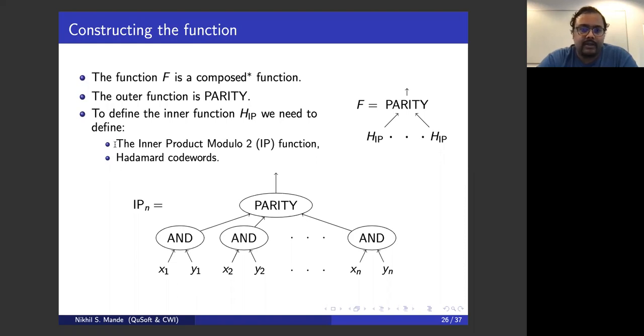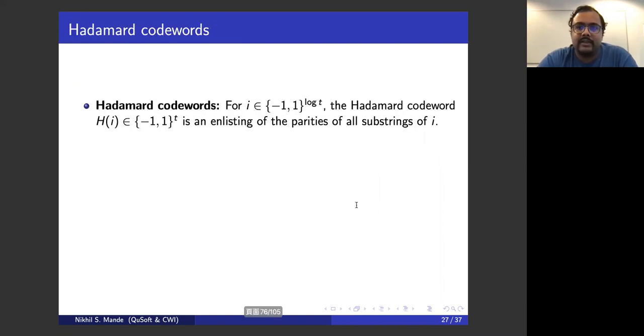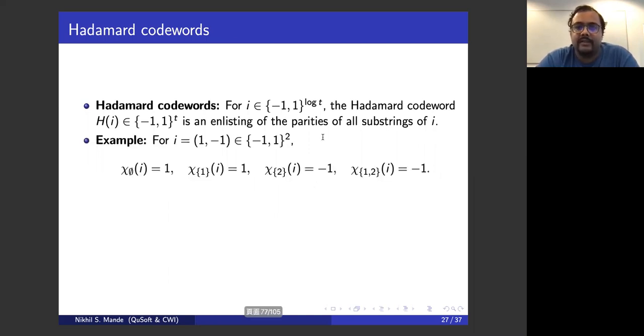And now I just have to define to you what a Hadamardization of inner product is. So for that, let's see what Hadamard code words are. So for a log t bit string, a Hadamard code word corresponding to I is the t bit string that enlists all of its parities. So for example, let's take log t equals 2 and t equals 4. So log is base 2. Suppose you have this 2-bit string here.